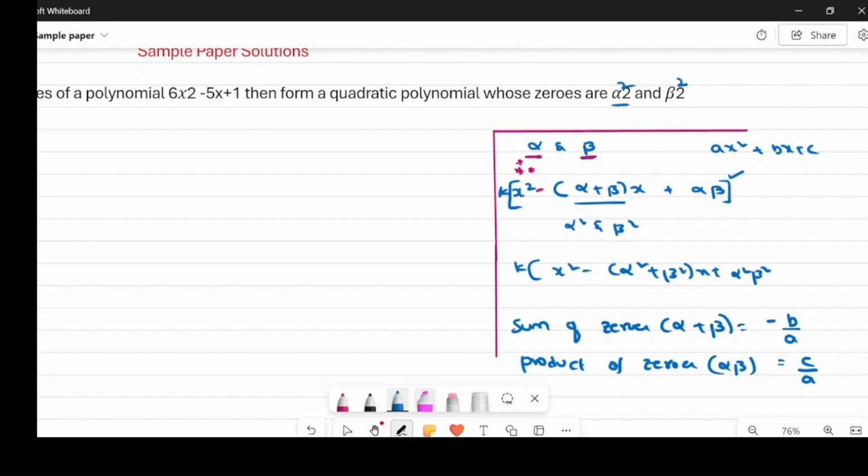So along with this, we also need to know the sum of the zeros is minus b by a and the product of the zeros is c by a. Now let's see how we can find alpha square plus beta square.